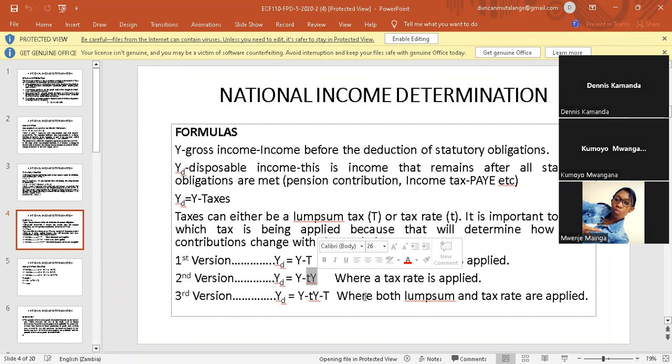So if the government is only charging a tax rate, your disposable income will be like this. If the government is now charging both of them, the lump sum tax and the tax rate, it will be Y, which is your income, minus tY, which is representing the tax rate, and then minus T, which is just representing the lump sum tax. Is that okay?